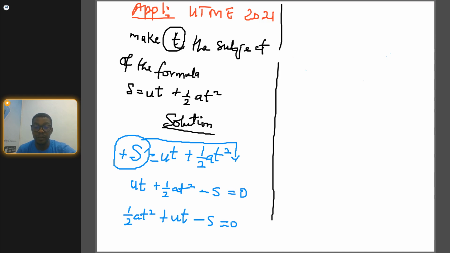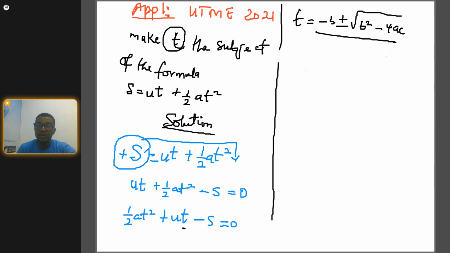I'm going to use the formula method to solve this question, because I want to look for t. So I will say t equals minus b plus or minus the square root of b squared minus 4ac all over 2a. I believe you've seen this formula before.